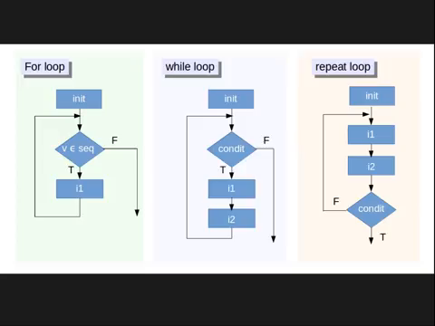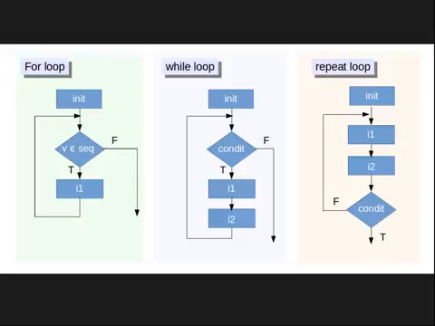Can I give you diagrammatically how this works? For a for loop, you initialize it, and it sees, okay, is this iteration part of the sequence, or is our number part of the sequence? And if it is, it does the command, and then it keeps looping until we've exhausted the entire sequence. So whatever iteration we're on is no longer an element of that sequence, and then it goes false and it ends. Pretty straightforward.